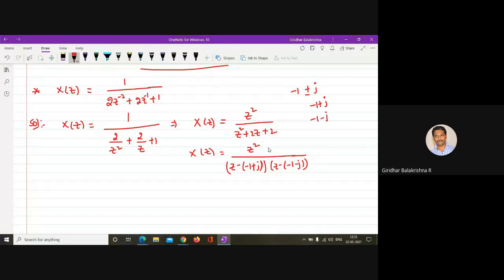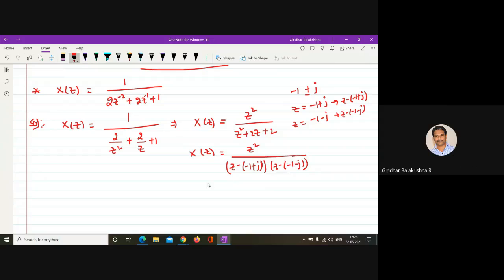So you'll get z equal to -1 plus j and z equal to -1 minus j. If you represent this as a pole, shift this to the left side, you can represent this as z minus of -1 plus j. Similarly, the second one, z minus of -1 minus j. Is this clear?